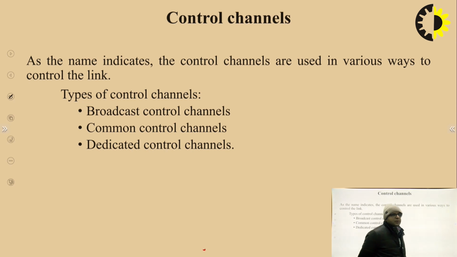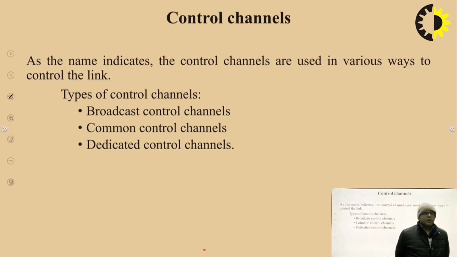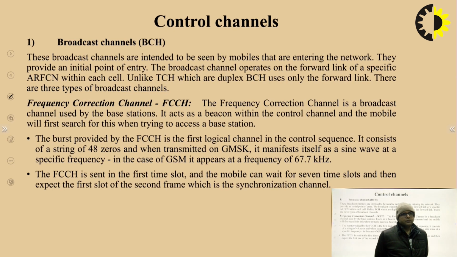Now we will discuss the control channel. As I told you, the control channel is divided into three parts: broadcast control channel, common control channel, and dedicated control channel. The broadcast channel, which is represented by BCH, is seen by mobiles that are entering the network.